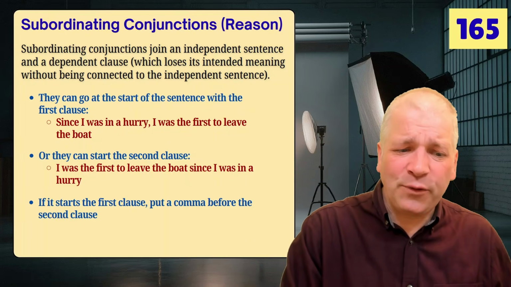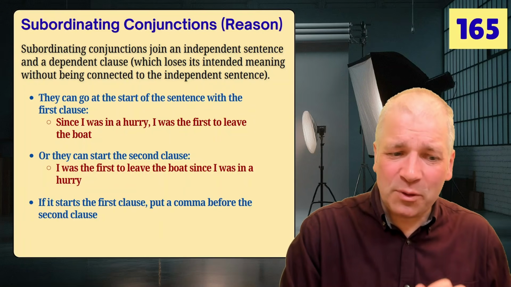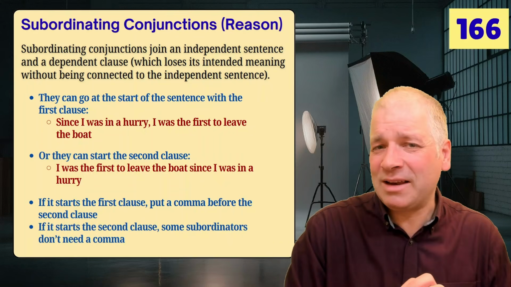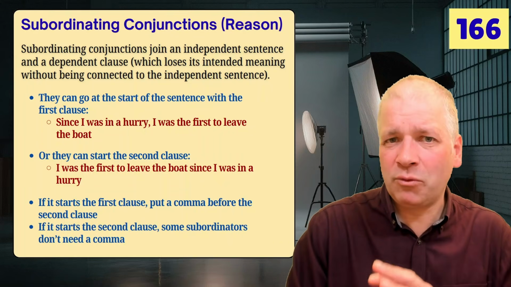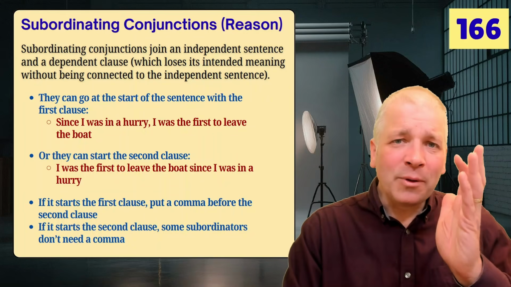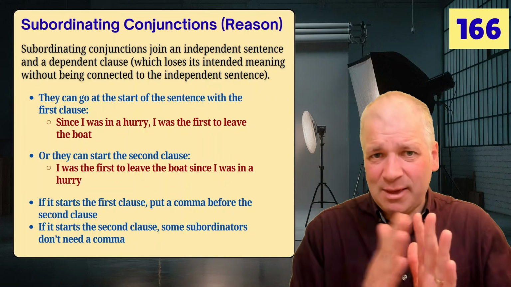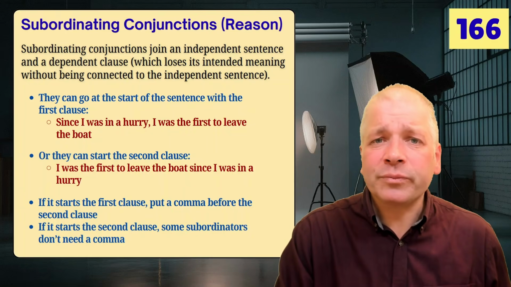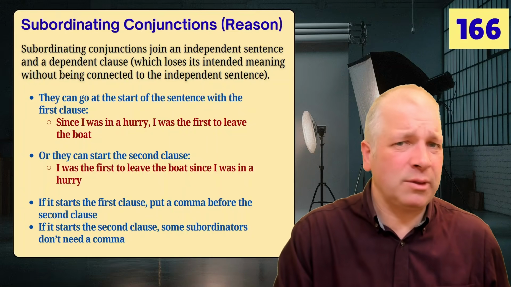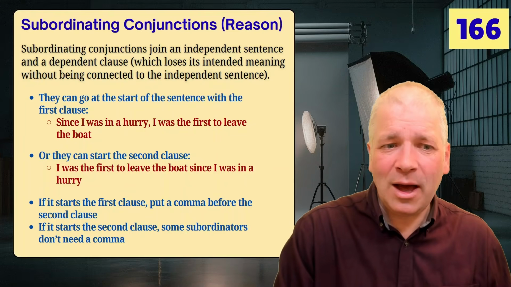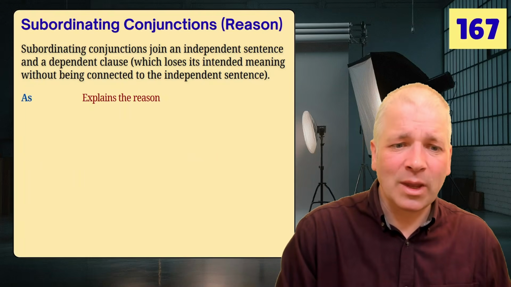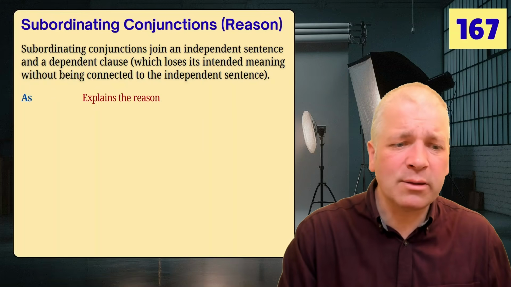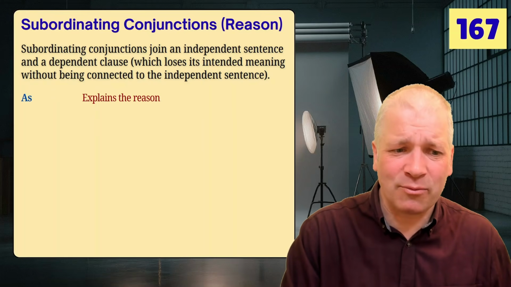If it starts the first clause, put a comma before the second clause, but if it starts the second clause, some subordinators don't need a comma. The general rule is don't use the comma before the second clause if it starts the second clause, unless it's really necessary to show that there's a difference between the two clauses, such as with contrast subordinators. Here is a list of subordinating conjunctions of reason. As explains the reason.